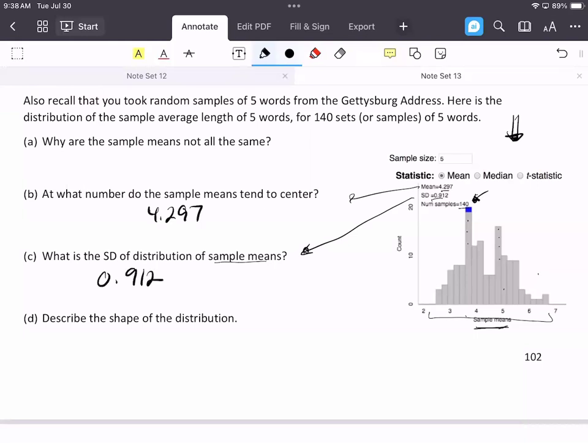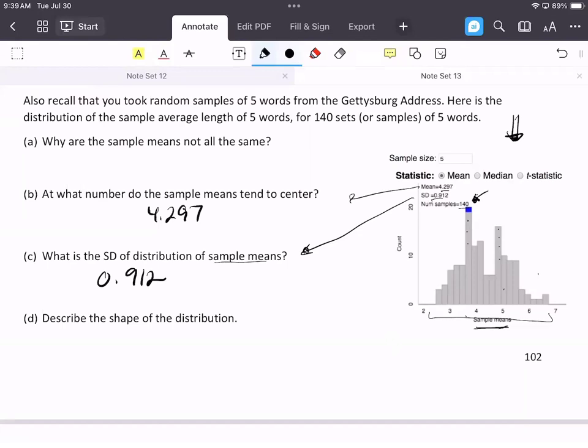Do you think if I ran the applet again and said, I want my sample size to be 5 and I'm going to draw 140 samples total, that I would get exactly a mean of 4.297 and a standard deviation of 0.912? And hopefully you think, no, I would not necessarily. I'll probably be close, but it wouldn't be exact because samples vary. Now, describe the shape of this distribution.